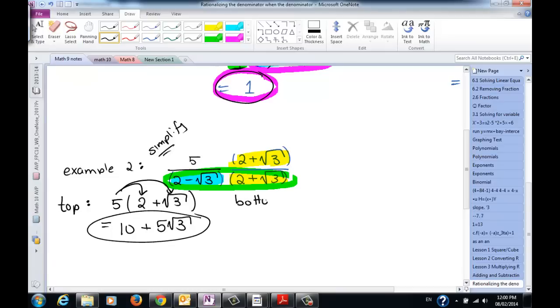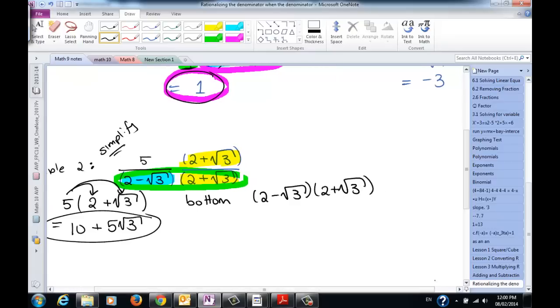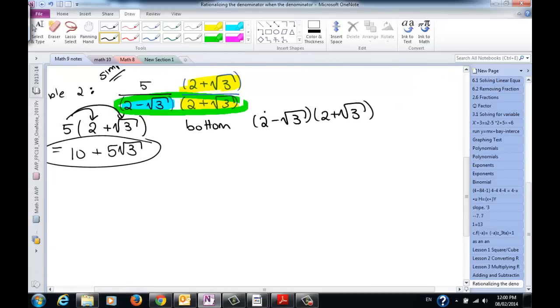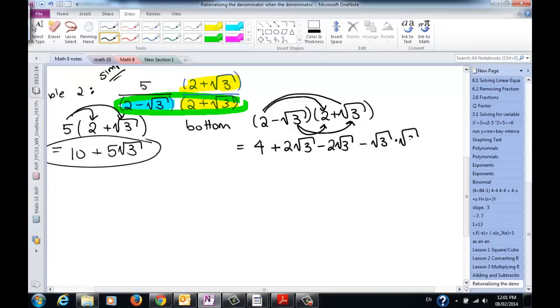My bottom, a little more complicated. I have 2 minus root 3 multiplied by 2 plus root 3. We actually just did this one, so it's exactly the same as the one that we did up above. I'll do it again though. So we FOIL first. We get 4 outside, 2 multiplied by root 3, inside, negative 2 multiplied by root 3, last, minus root 3 multiplied by root 3.